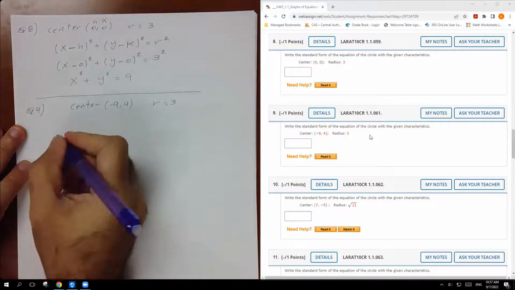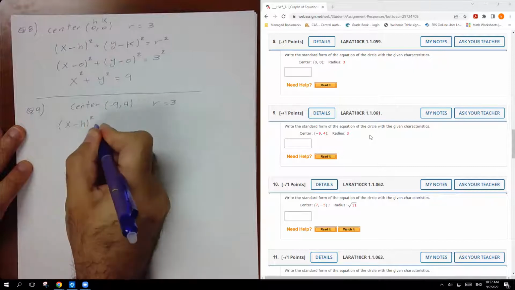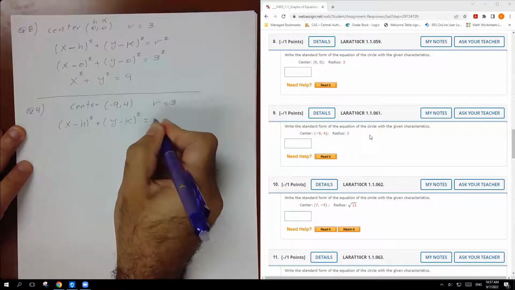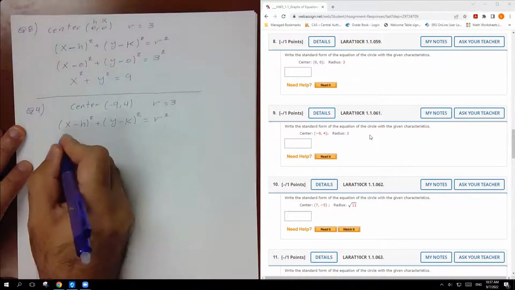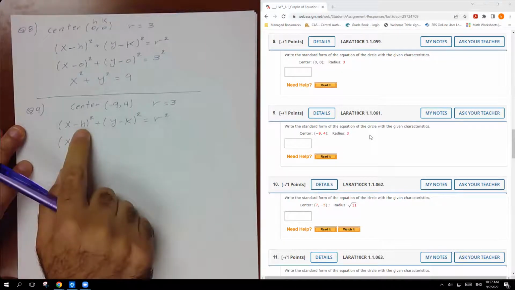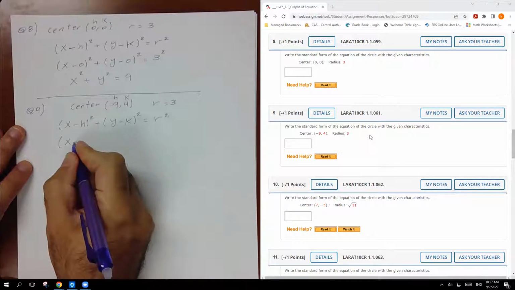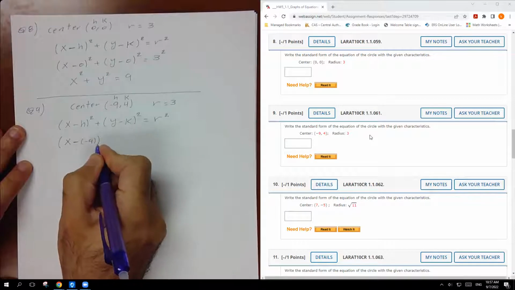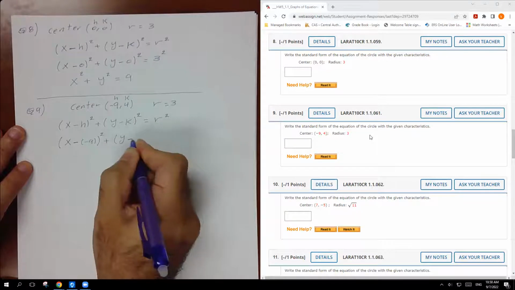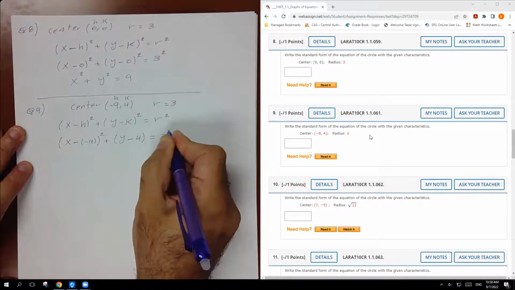So I'm going to do the same thing. Now here's the formula: (x minus h) squared plus (y minus k) squared equals the radius squared. Be careful. Here's the minus in the formula, and h is negative 9. So it's going to be (x minus negative 9) squared plus (y minus 4) squared equals 3 squared.